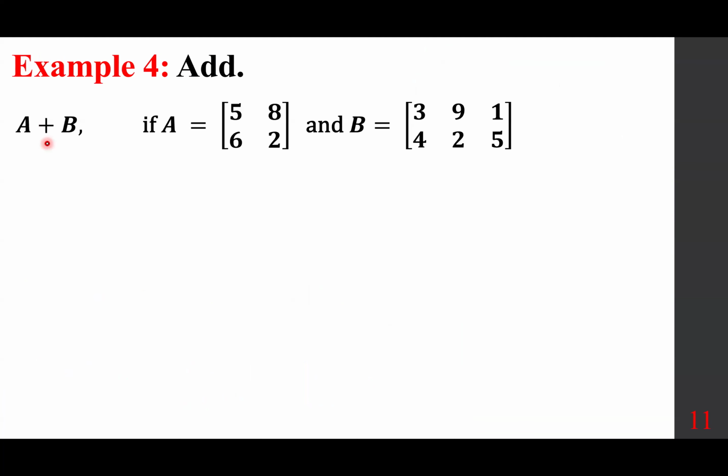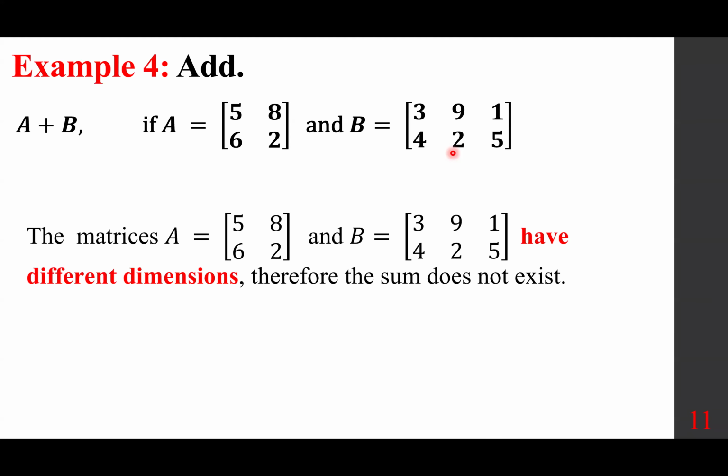Let's add A plus B. If A and B are given as follows, the question is, can we add them up? And the short answer is no. Matrix A and B have different dimensions, therefore the sum does not exist.